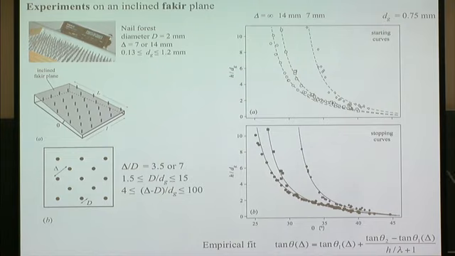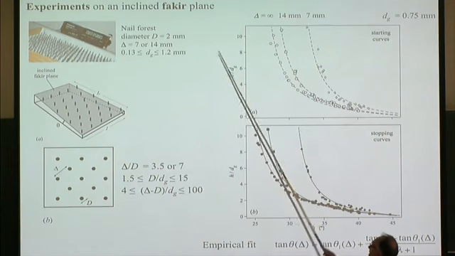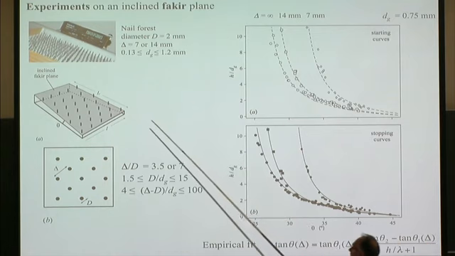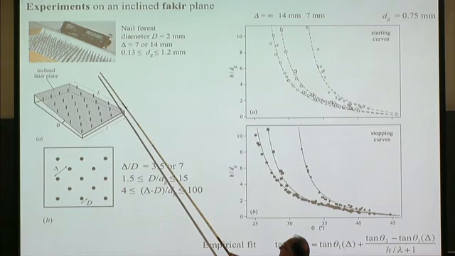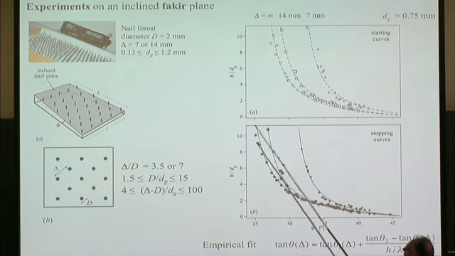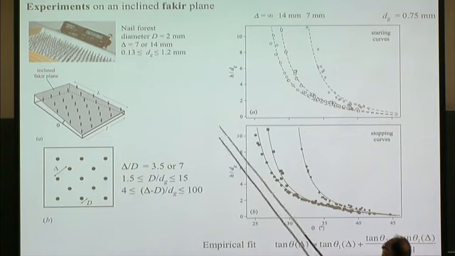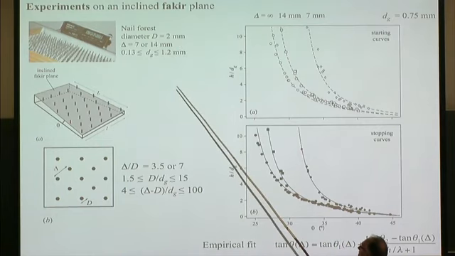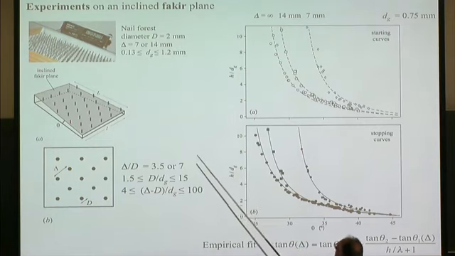And now I will show you some results about an inclined Fakir plane. This is a real Fakir plane because experimentally in the laboratory we used planes with a forest of nails. These nails have a diameter of 2 millimeters and a spacing of 7 or 14 millimeters.